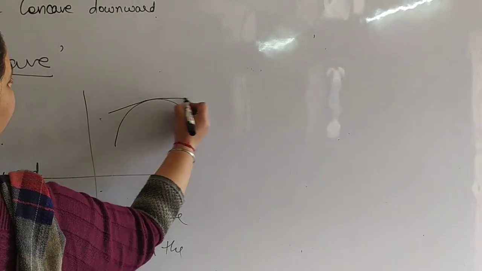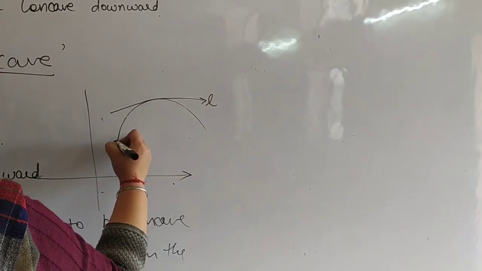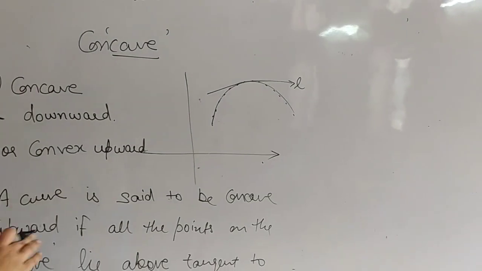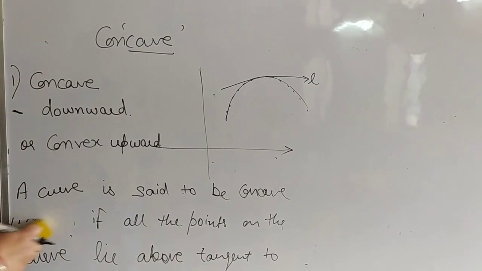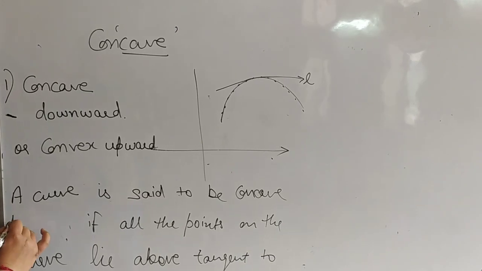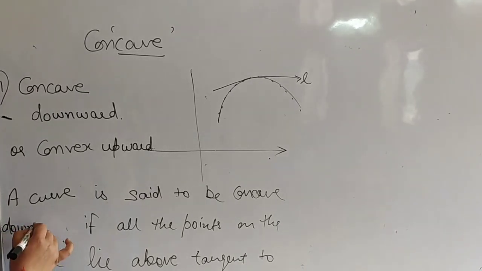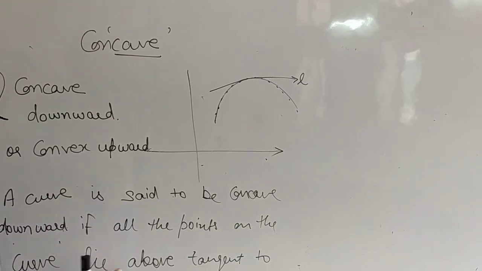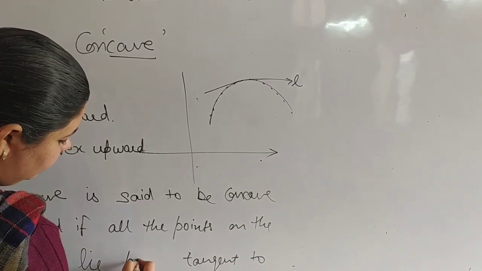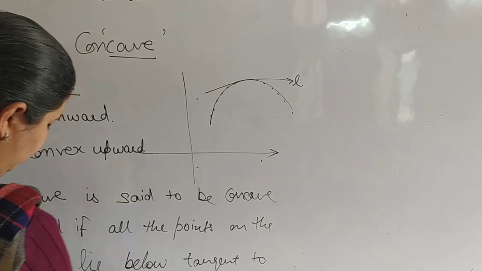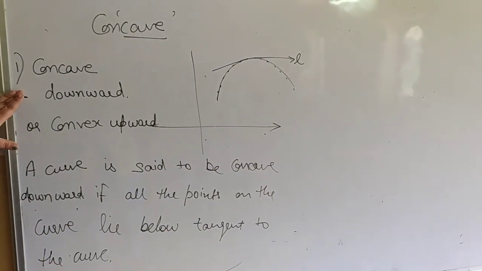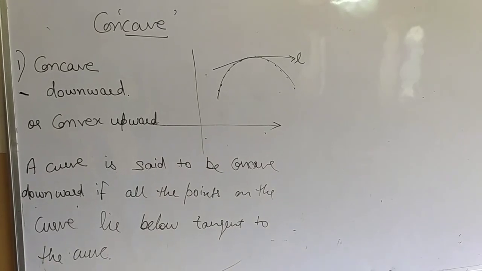If we draw a tangent to this, all the points on the curve lie below the tangent, therefore it is called concave downward. If all the points on the curve lie below the tangent to the curve, this is how we can check whether the curve is concave upward or downward.